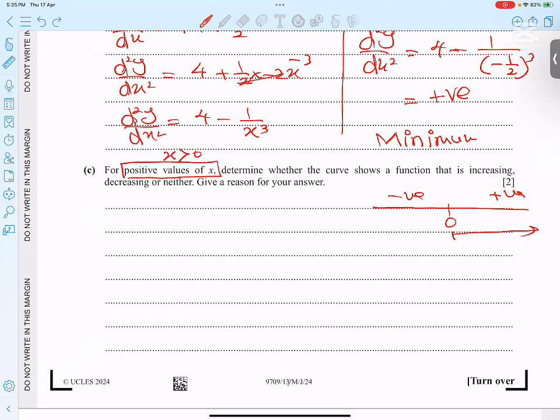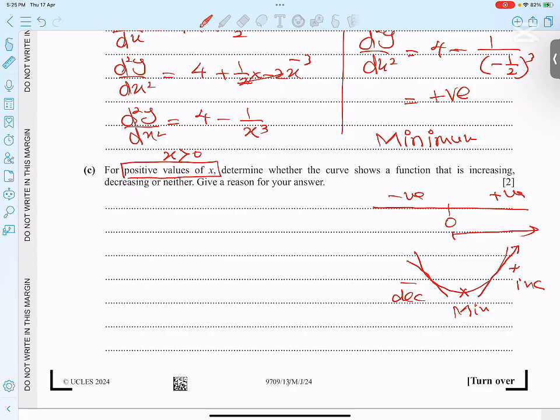Students, I will just show you, if we have this kind of curve, let's say the point of minima. If I draw a tangent here, it is a positive gradient. If I draw a tangent here, a negative gradient. So positive means it is increasing and negative means it is decreasing.